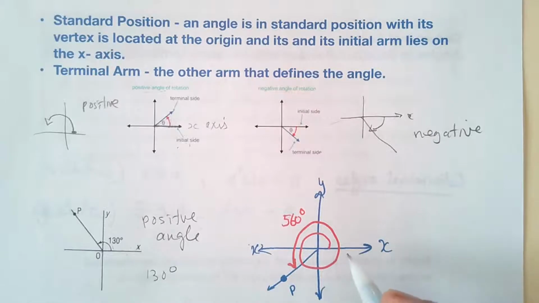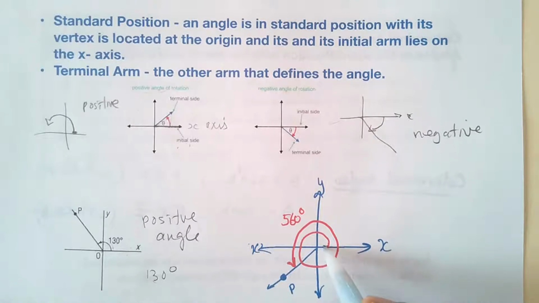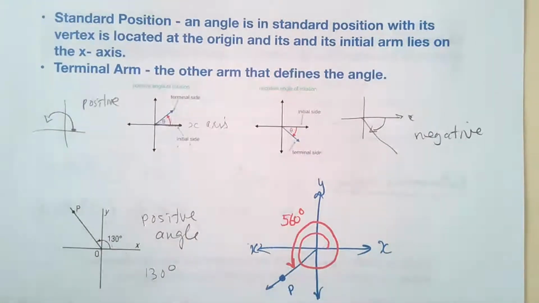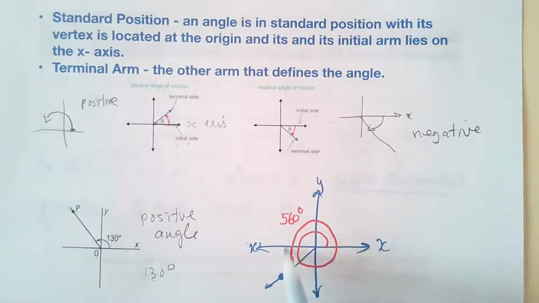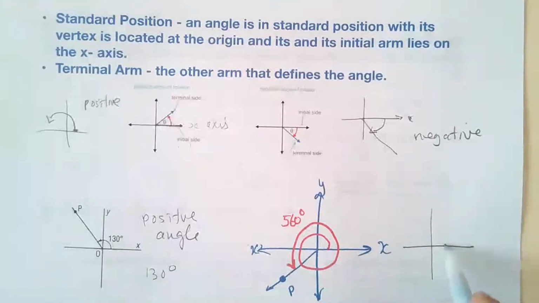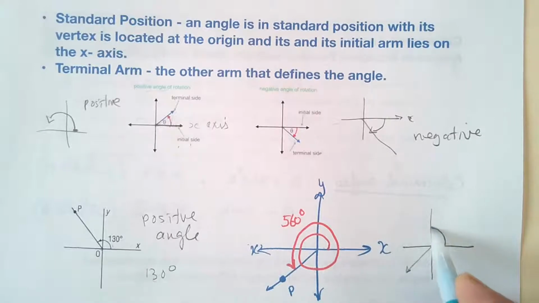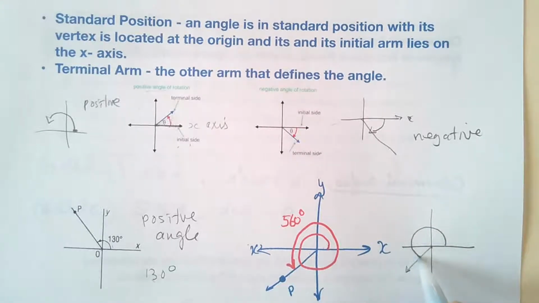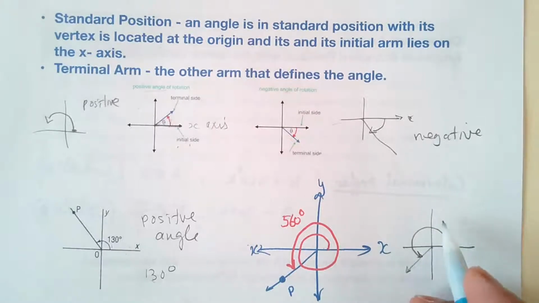Now you can have more than 360 degrees. If, on the other hand, you have a ray that rotates once and comes back all the way, say for example, let's do a sketch here. So here's our angle. Now, let's say from here to here, it's 200 degrees.